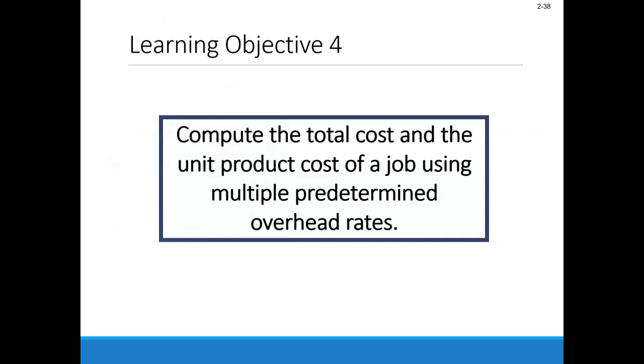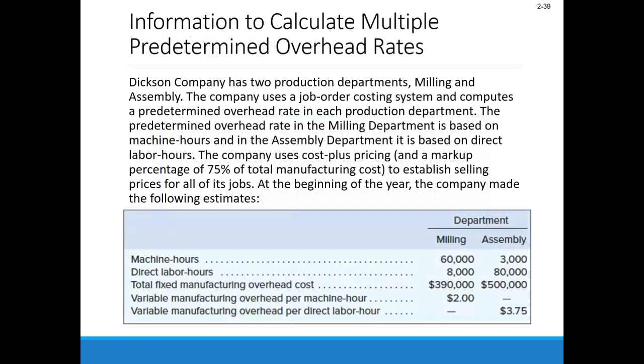Now this is using multiple predetermined overhead rates, not just a company-wide. In order to use multiple predetermined overhead rates, here we've got Dixon. They have two production departments, milling and assembly. The company uses the job order costing system and computes a predetermined overhead rate in each production department.